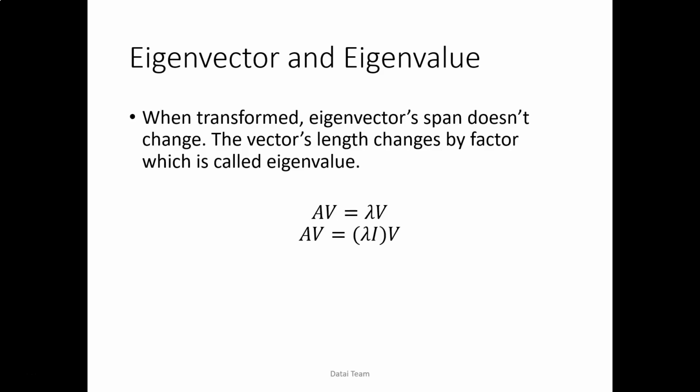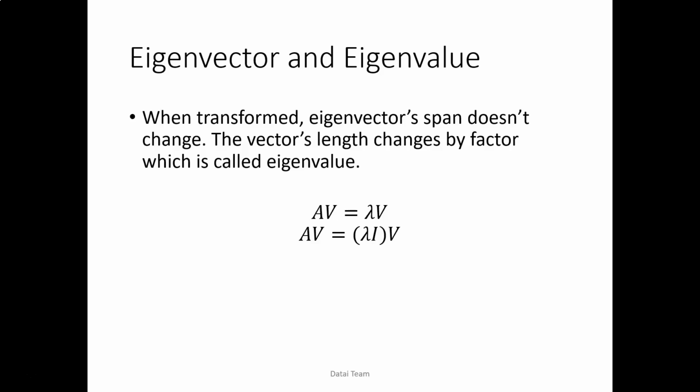So we multiply our identity matrix with the eigenvalue, and we can write it in brackets. We have matrix A times vector v, and we have the identity matrix and the eigenvalue.